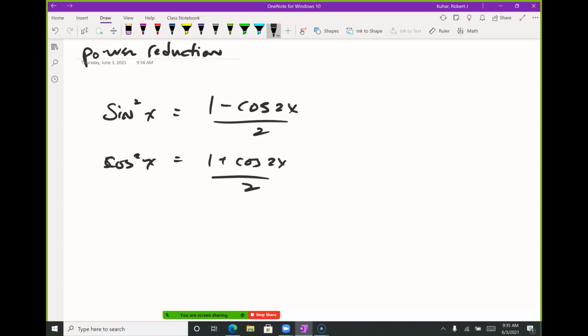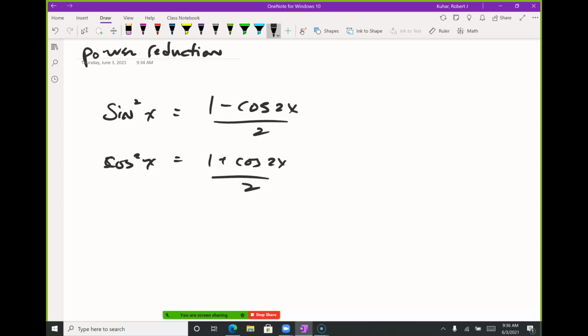So you can see whenever I have an even trig power, this is a process I'm possibly going to use. We're going to be careful, but it usually will come into play. But don't be so anxious if you see sine squared, cos squared, don't instantly change to this, right? You got to think a little bit first, okay?